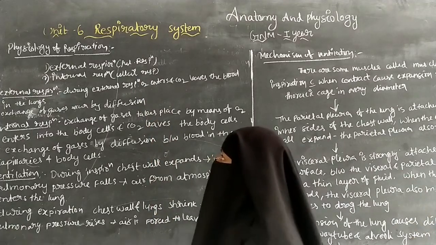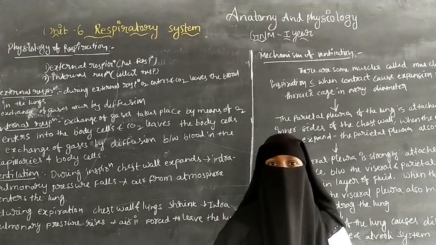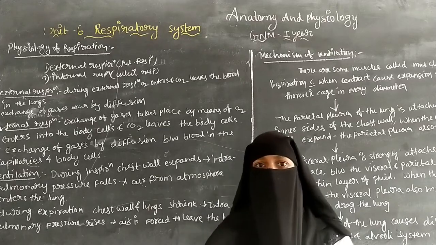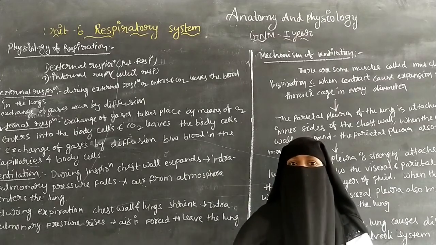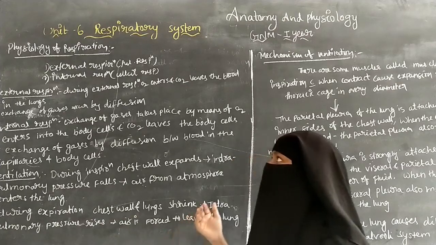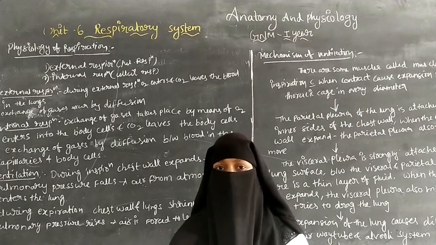Physiology of respiration. The main function of the respiratory system is the exchange of gases, oxygen and carbon dioxide. The main function of the respiratory system is expiration and inspiration.